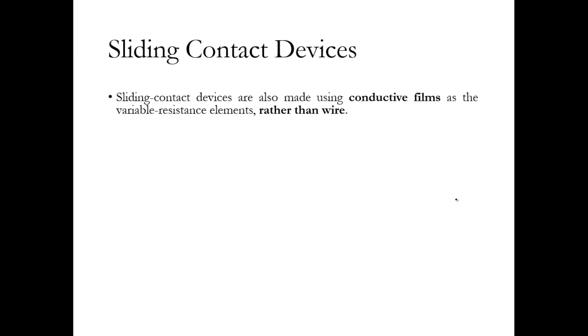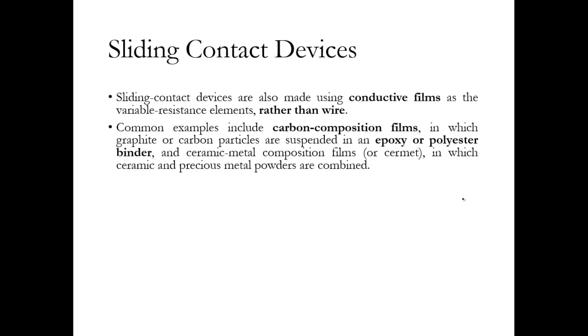Now they can also be made using conductive films as the variable resistance elements rather than wires. Common examples are the carbon composition films, in which graphite or carbon particles are suspended in an epoxy or polyester binder, or ceramic metal composition films, in which ceramic and precious metal powders are combined.